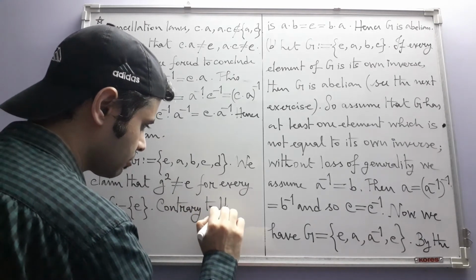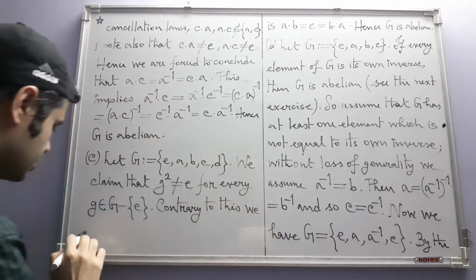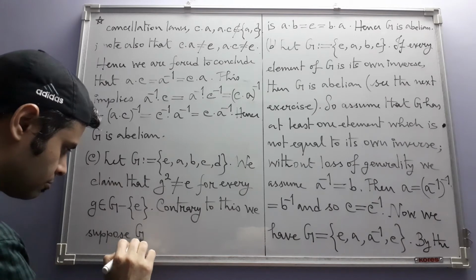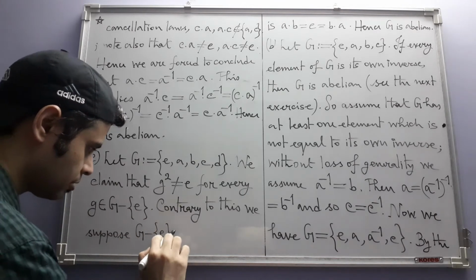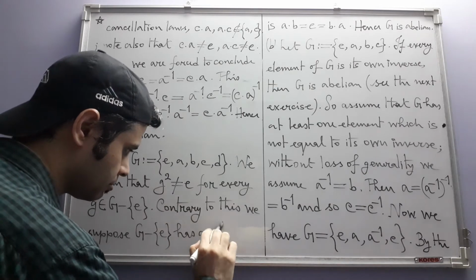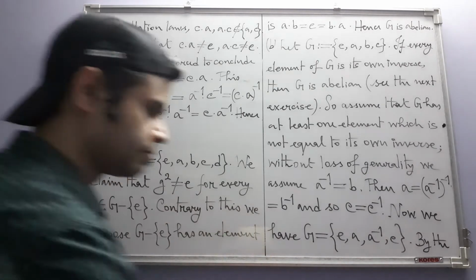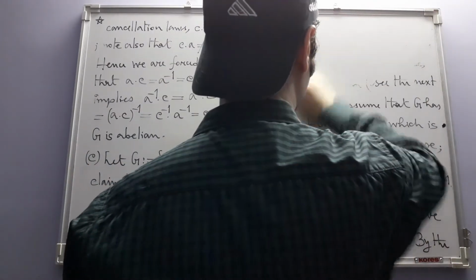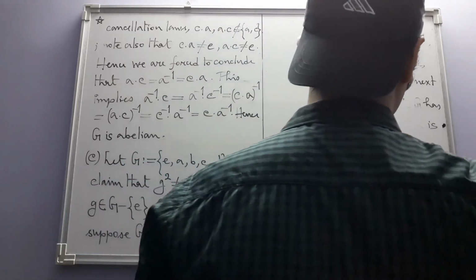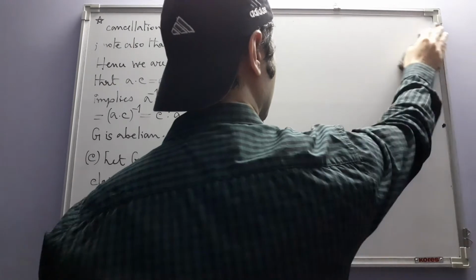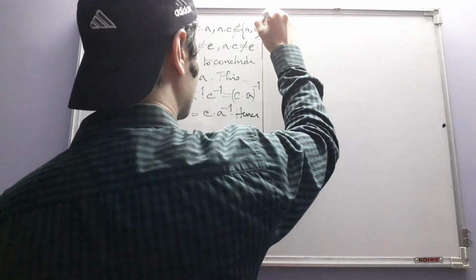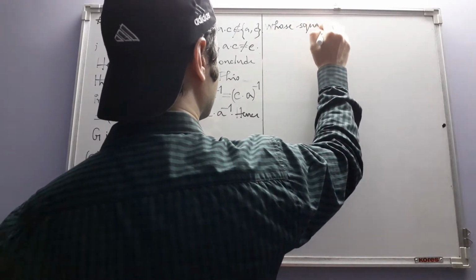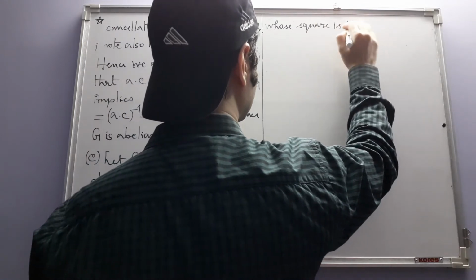Contrary to this, we suppose G minus E has an element whose square is the identity.